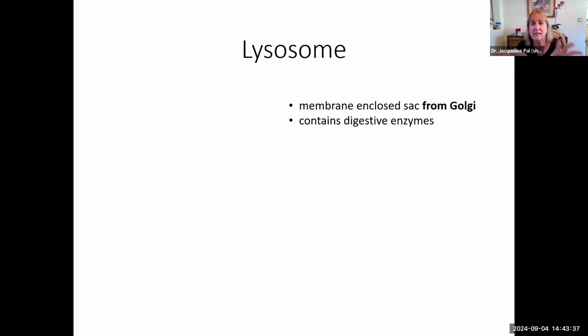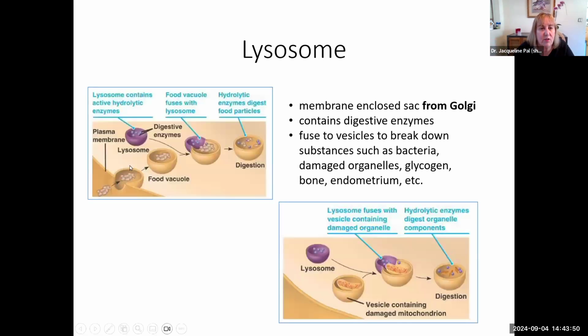So what do digestive enzymes mean? It means it's going to catabolize other stuff. So if you take a lysosome and you put anything in with it, it's going to break it down. So for instance, if we have a vesicle that contains food, and that vesicle fuses with the lysosome, then that food particle gets broken down.